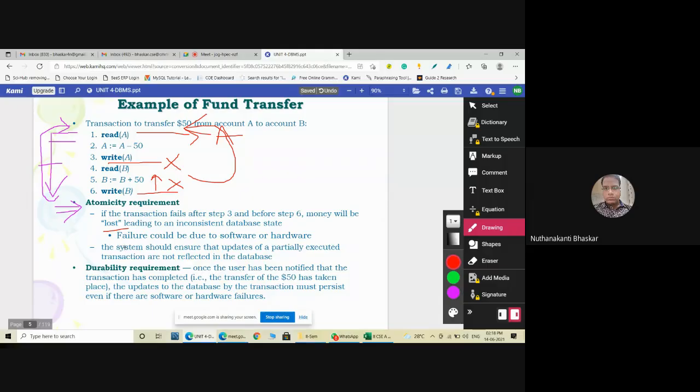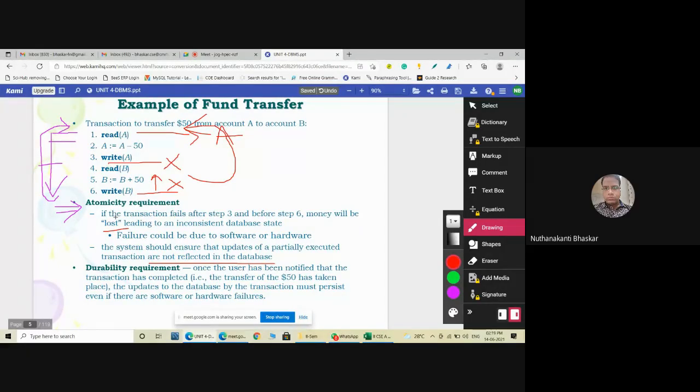That is what the system should ensure: that updates of partially executed transactions are not reflected in the database. That is the duty of atomicity. Clear? I am showing with an example how the ACID properties are fulfilled. Now clear, atomicity?